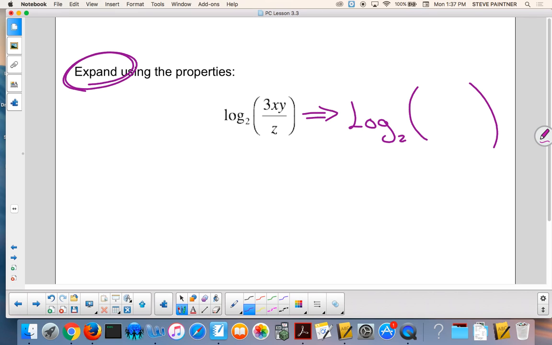So what operation or operations do you see inside? Multiplication and division. Multiplication and division, good.